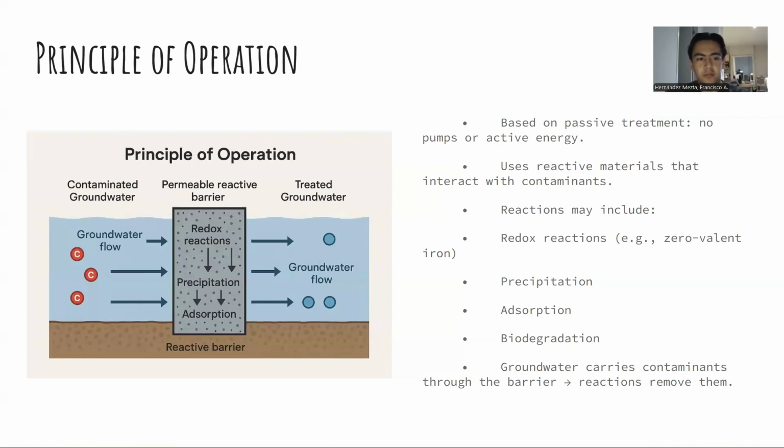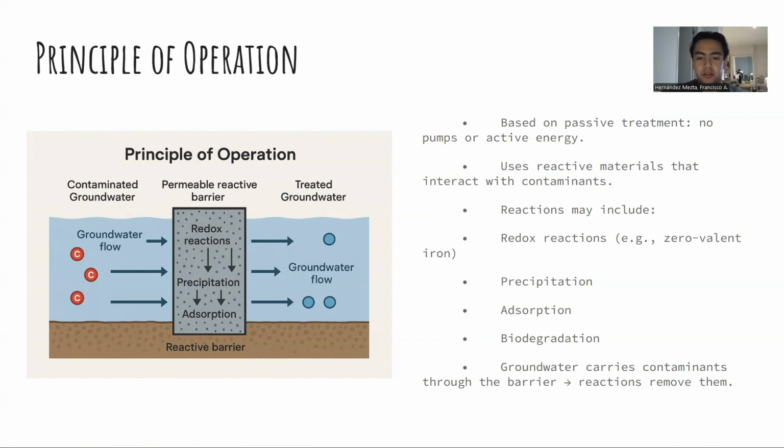Okay, so today I'll be explaining the principle of operation. PRBs are a passive treatment system which don't need pumps or external energy. They're placed underground, directly in the path of the contaminated water. As water flows through the barrier, it interacts with reactive materials that remove or neutralize pollutants.